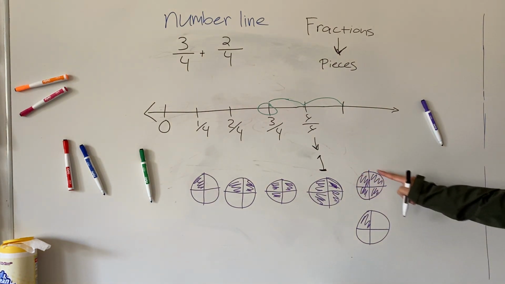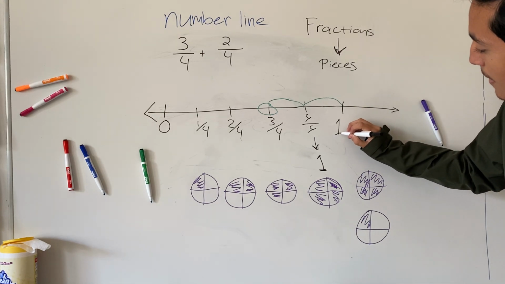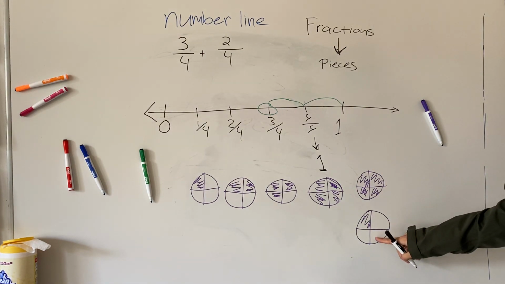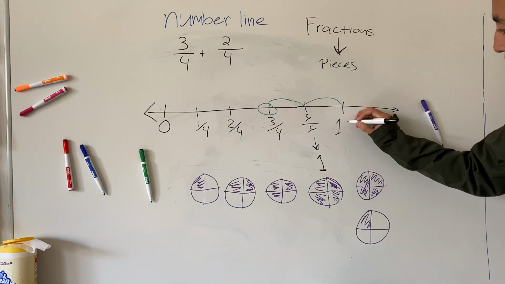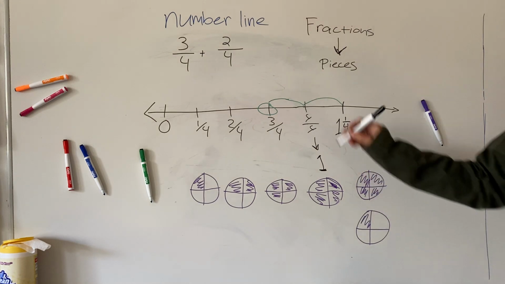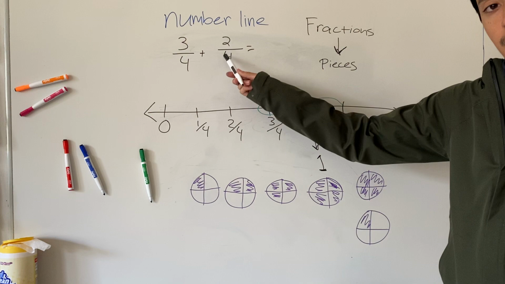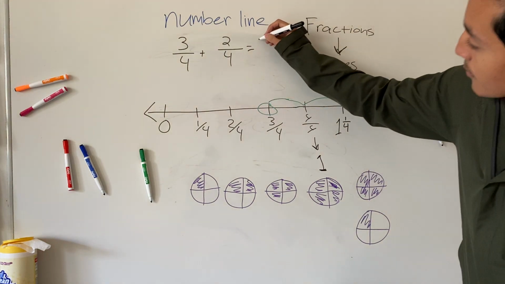I have 1 whole number, 1. And how many pieces do I have? 1/4. So my answer to 3/4 plus 2/4 is 1 1/4.